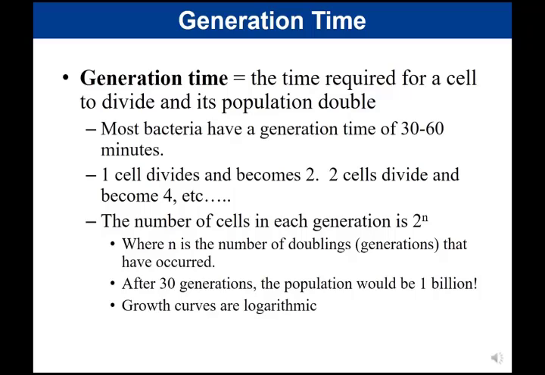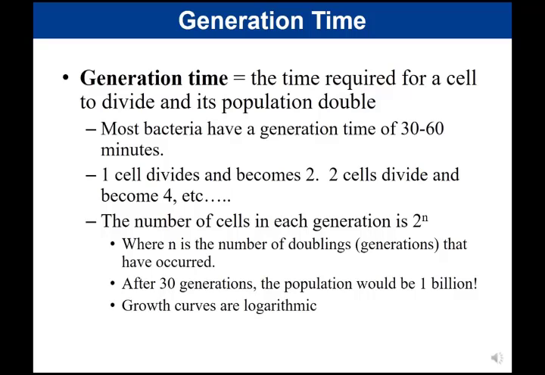So if you think about E. coli, and E. coli reproduces every 20 minutes, right? And so every 20 minutes would be 1 generation. So if you're thinking 30 generations, right, that would be 10 hours.